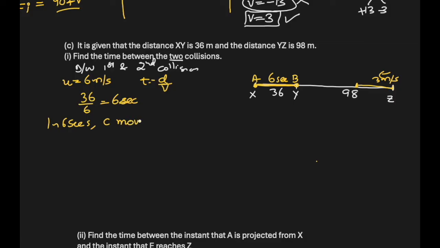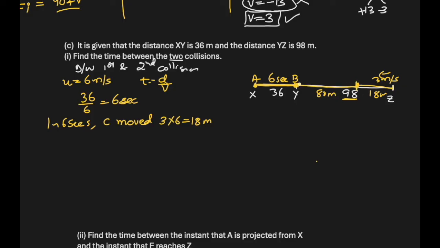Speed times time, 3 times 6, which is 18 meters. So when this was at B, it was already 80 meters away. Why? Because it has traveled 18 meters, so we'll reduce 18 out of 98. So they are at a distance of 80 meters.